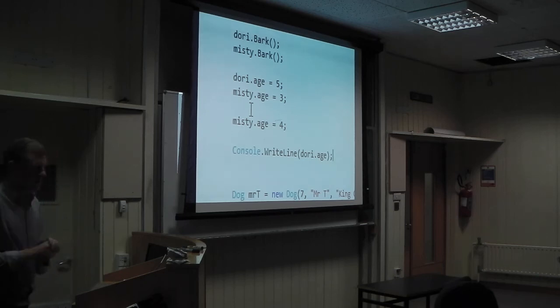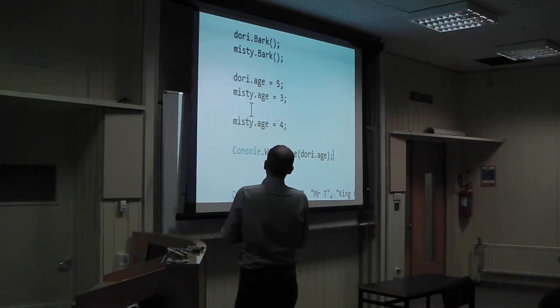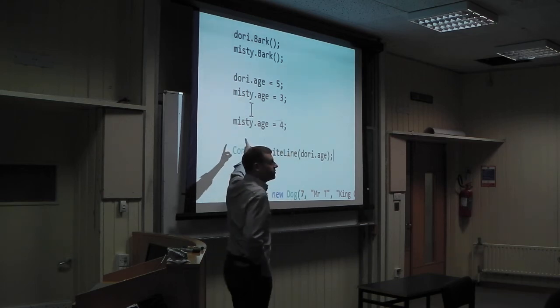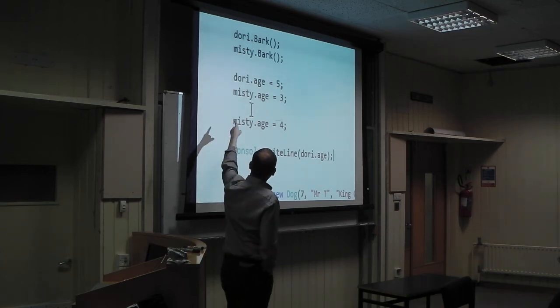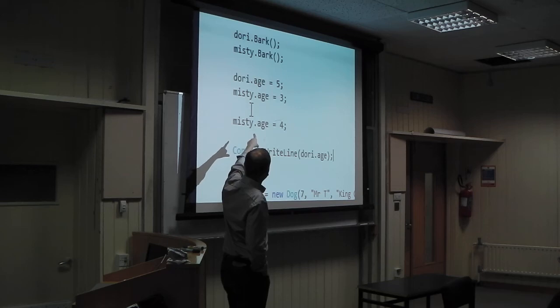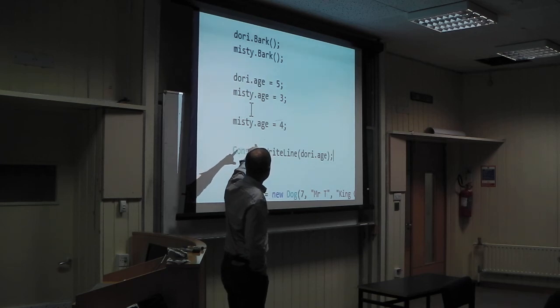Now looking at this program, if C# worked the same way as C, we would expect to print out what here? 5, wouldn't we? If C# and C work the same way, when you do Dory.age equals 5, Misty.age equals 3, they remain separate, don't they? Everybody following this? So when I print, Misty.age equals 4, I basically changed Misty, but I haven't changed Dory.